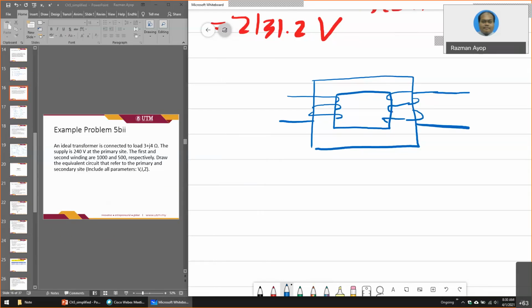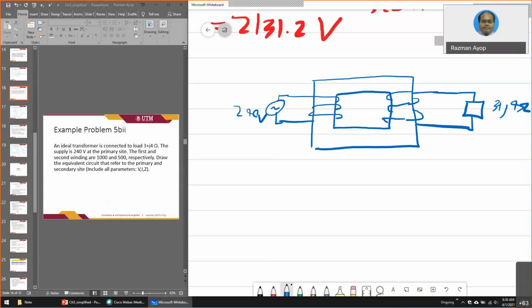You have the load here, and then you have a supply here, 240 volt, and then you have 3 plus j4.